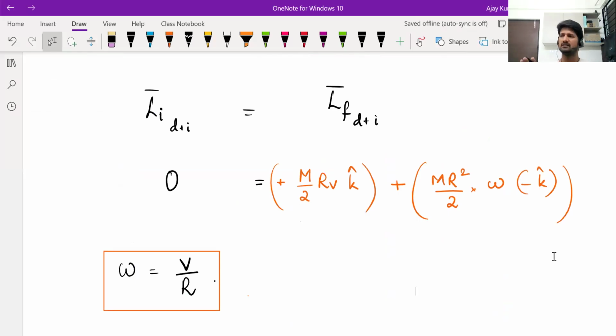After that, we'll discuss a third type of motion of a system called combined translation and rotation. So far we have discussed how to deal with translating systems and systems which execute pure rotation about a fixed axis, like this disk or a ceiling fan. Next class we'll also discuss how to deal with systems which execute both translation and rotation, and how to apply energy conservation and angular momentum conservation there, and how to find out torque and all.